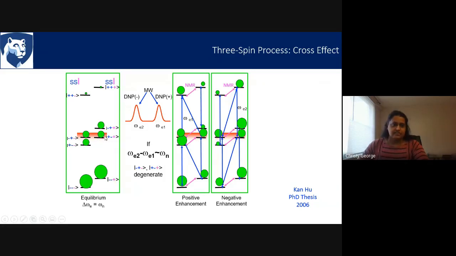Under that condition, of the 8 possible energy levels, these 2 energy levels become degenerate, and upon EPR excitation, state mixing happens, and on irradiating the low field line, we get a negative enhancement, whereas on irradiating the high field line, we get a positive enhancement.